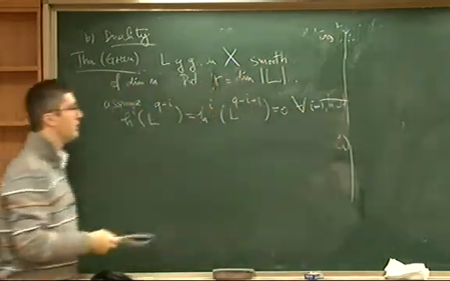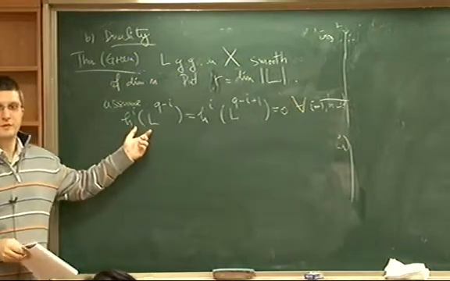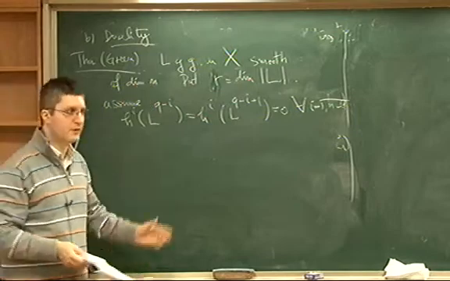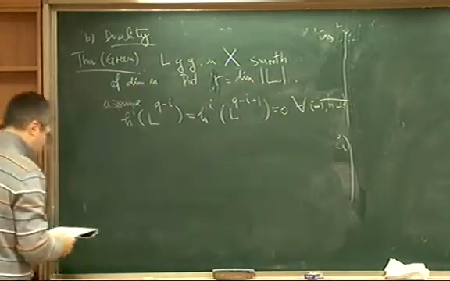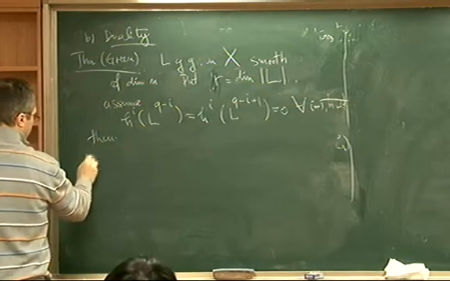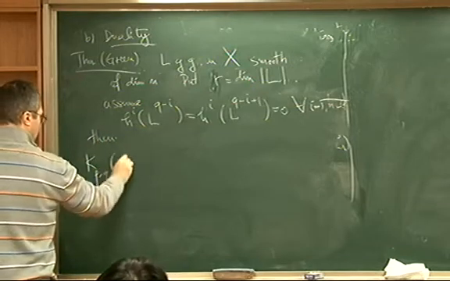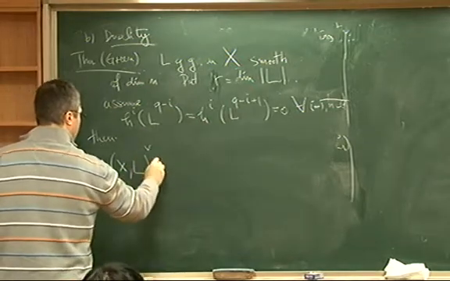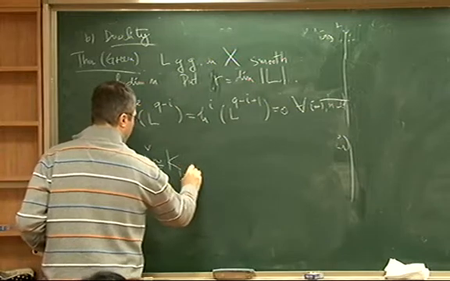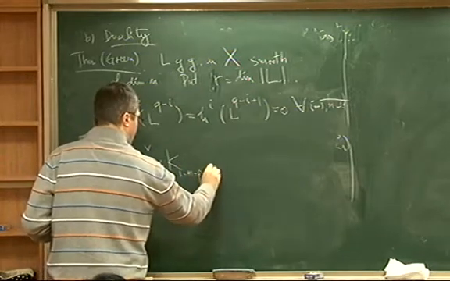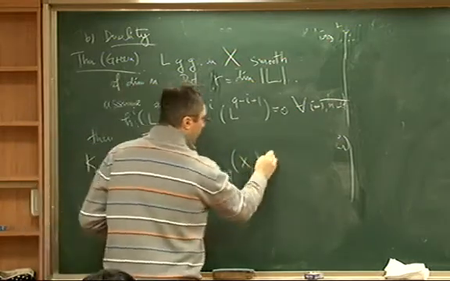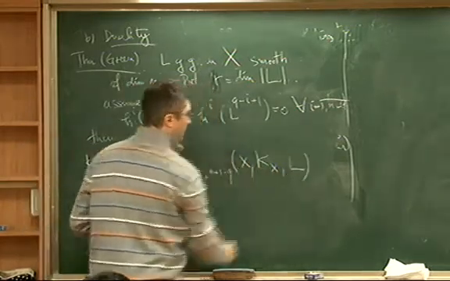So these are automatic if L is, for example, sufficiently positive. So if L was very positive, then these conditions are automatically realized. And we just take K_{p,q}(X, L). Well, the dual of this one is isomorphic to K_{r-n-p, n+1-q}(X, K_X, L).